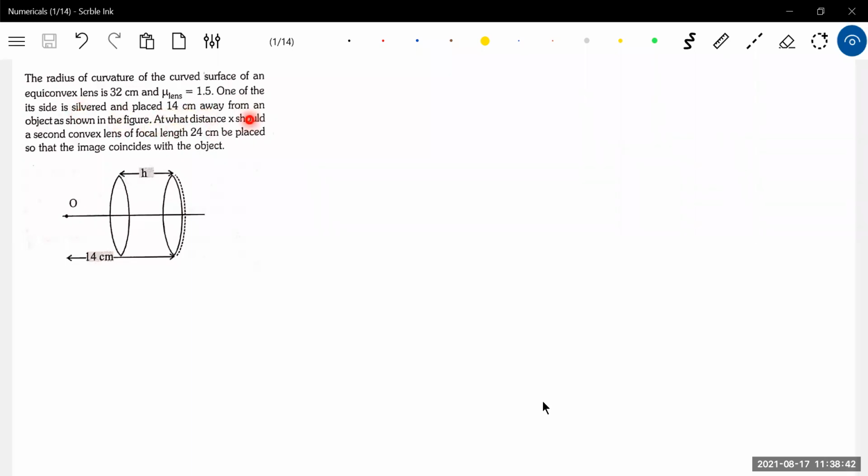At what distance x should a second convex lens of focal length 24 cm be placed so that the image coincides with the object? This distance, you can call it x.